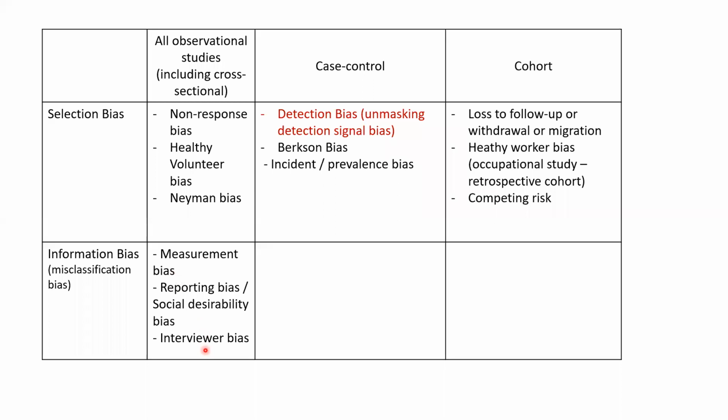Interviewer bias is the opposite. It's when I, as an interviewer, am trying to retrieve data, doing a questionnaire with subjects in a case control study. I'm studying the association of smoking with lung cancer. So I'm doing an interview with a person that I know has lung cancer, and maybe I would probe more on the questions related to smoking.